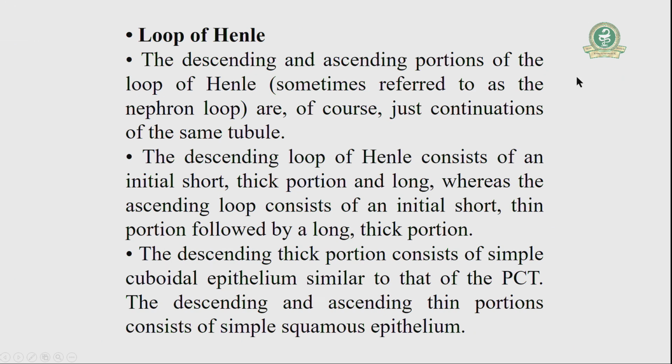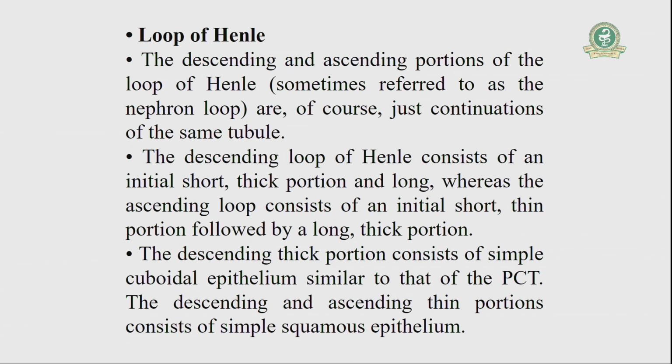Loop of Henle. The descending and ascending portions of the loop of Henle are, of course, just continuations of the same tubule. The descending loop of Henle consists of an initial short, thick portion and a long, thin portion, whereas the ascending loop consists of an initial short, thin portion followed by a long, thick portion.